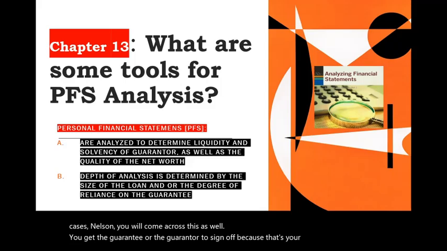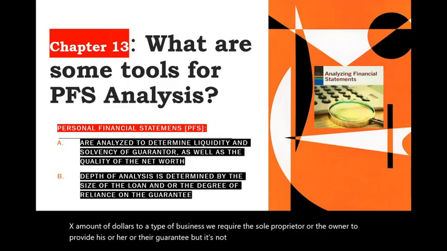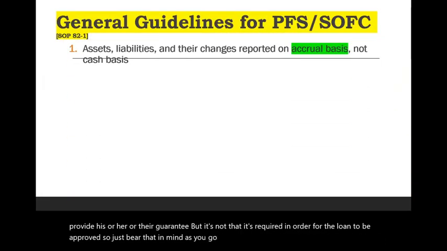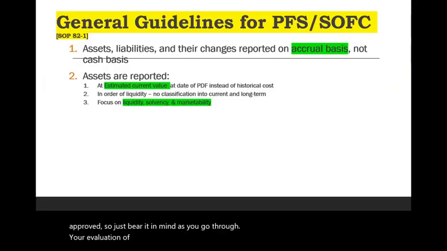If we're lending X amount of dollars to a type of business, we require the sole proprietor or the owner to provide his or her or their guarantee, but it's not required in order for the loan to be approved.